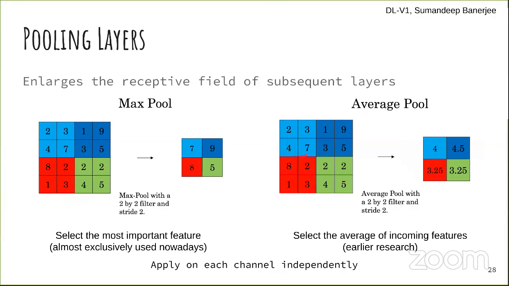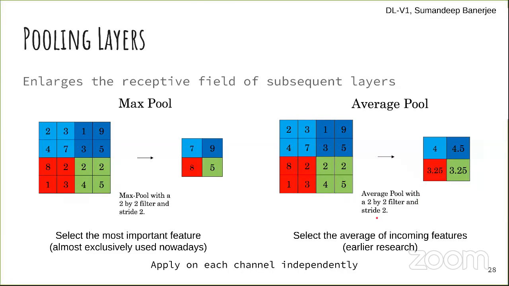So we apply the filter over here. The average of 2, 3, 4, and 7 is 4, and 1, 9, 3, 5 is 4.5, and so on. In this case, we are applying this average pool as a 2x2 filter with a stride of 2, so there is no overlap. There could be applications where you have overlap, but here the 4x4 input, without any overlap, we convert into a 2x2.